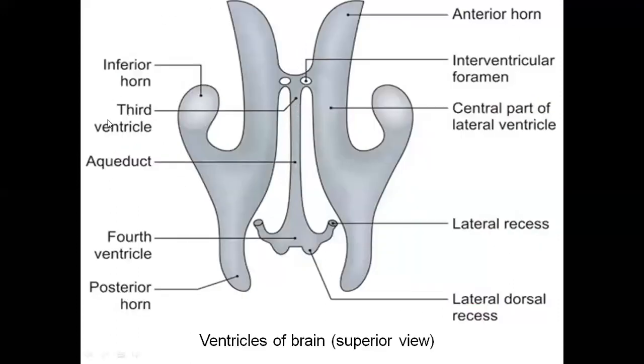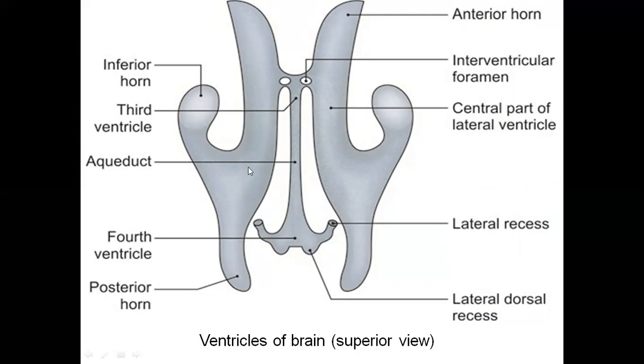So if you just give an outline of cerebral hemispheres, right and left, in each cerebral hemisphere, we have these ventricles. So one is right lateral ventricle and left lateral ventricle. So this becomes anterior horn of right side, anterior horn of left side. This is the central part of right and left side. This is posterior horn of right and left side. This is inferior horn, which is going into temporal lobe.